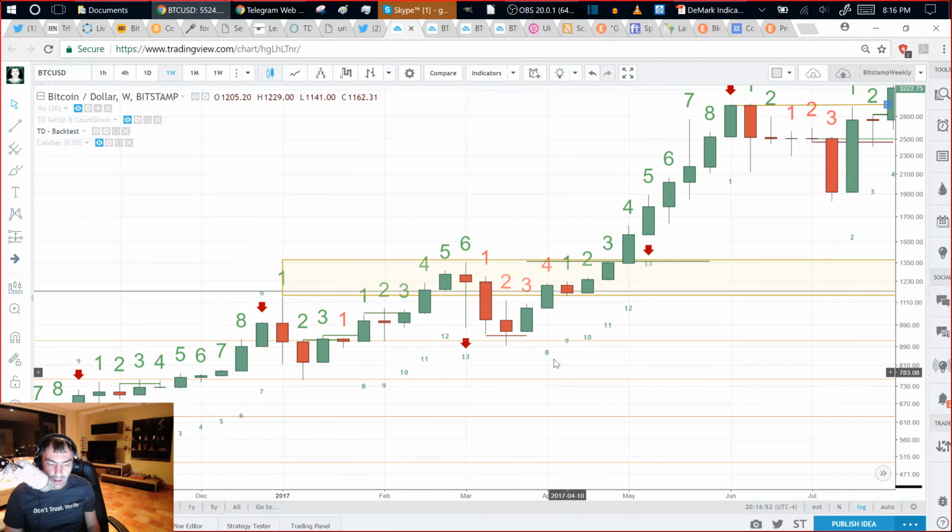Interesting. And then this 9 exhausts its continuation on this candle. Now, it didn't do anything, but that's okay, because you were smack in the middle of another bull run to a 9.